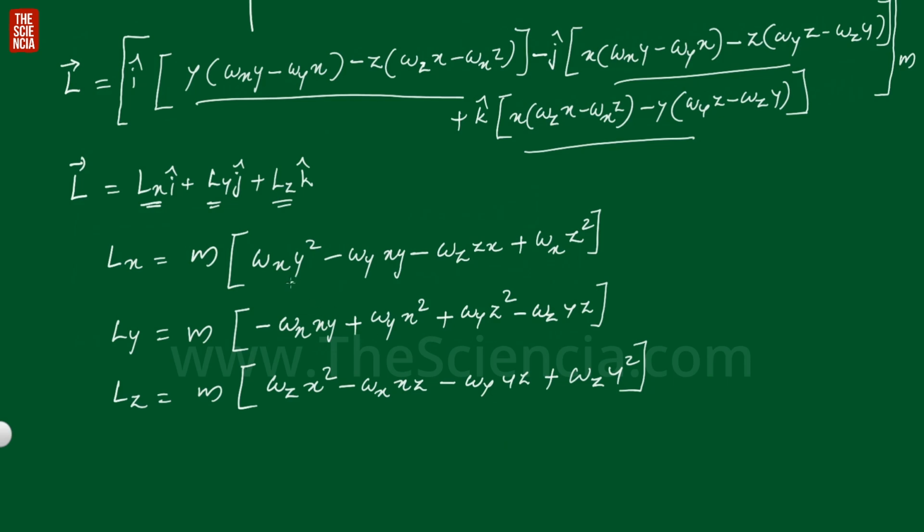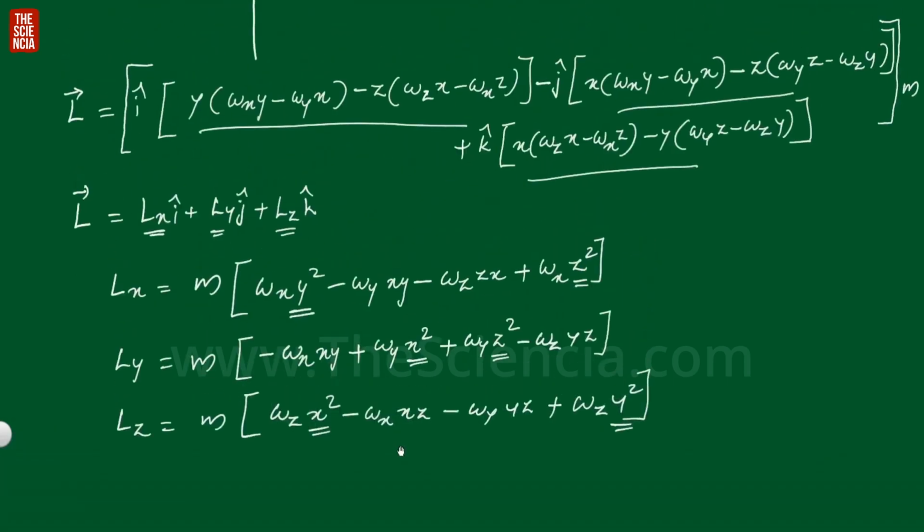Here you can see some common terms are there: omega x y square, omega x z square, and here omega y x square, omega y z square, here omega z x square, omega z y square.